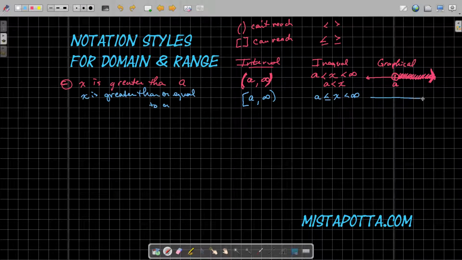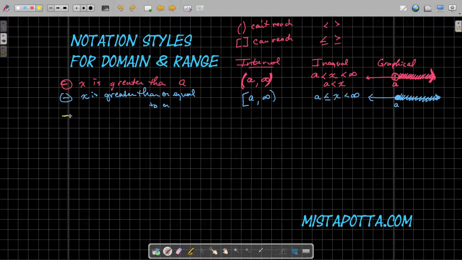And on my number line, I'm actually going to use a completely filled in dot for a, shading in the appropriate direction. So we have restrictions for this, and sometimes it's helpful just to see these written out. This is similar to our rule of 4 that we talked about. So we have a verbal description, we have a graphical description, and then we have some algebraic descriptions here.